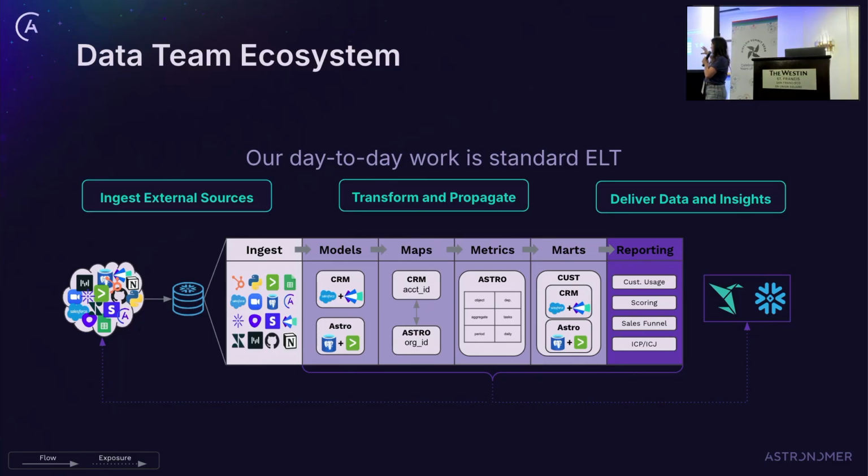Then we have different levels of data processing, from modeling to mapping between different objects, and then other layers of metrics and marts, which we end up using for building reports, for reverse ETLing into some of the tools that we ingested from, and delivering insights and data to everyone in the company.